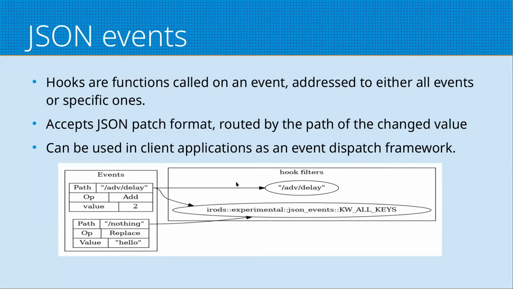As you can see, there are 2 different kinds of hooks: the all keys one, which catches every event, and the /advanced/delay one, which only captures events related to that. And while that's how it's used in the server, it can also be used in client applications for similar purposes.